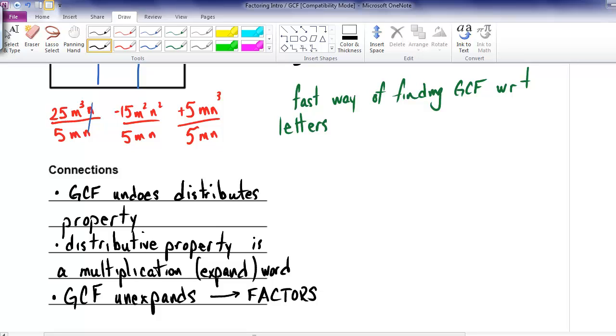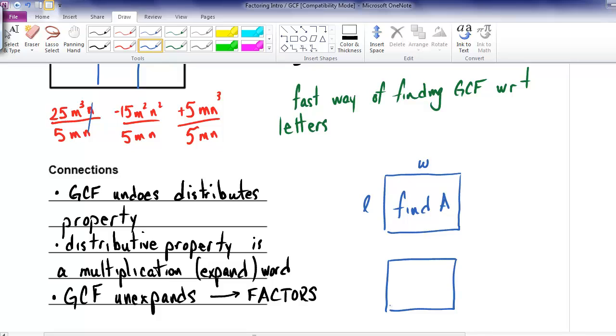It allows us to factor. So again, just to give us a pictorial approach, here's the distributive property. We know two parts, we know the dimensions, and we find the area. Well, here's what we did today. You know the area, and what I asked you guys to do is find W and find L. And we looked at it two different ways.